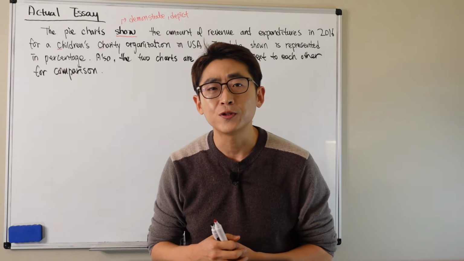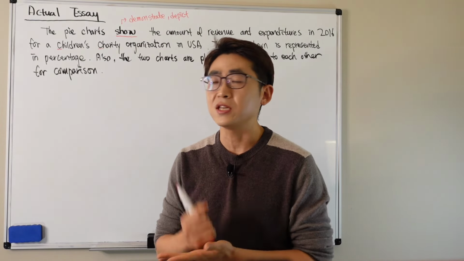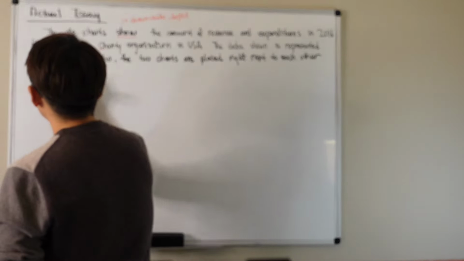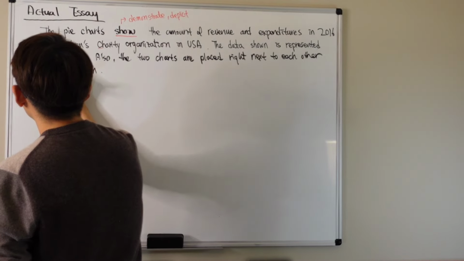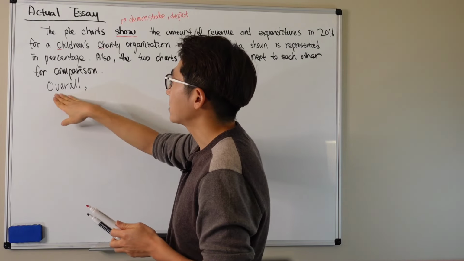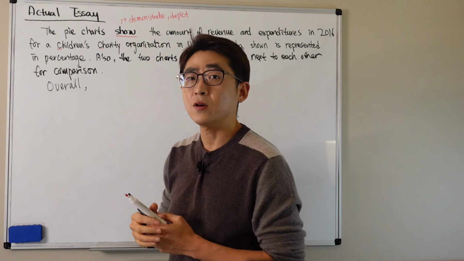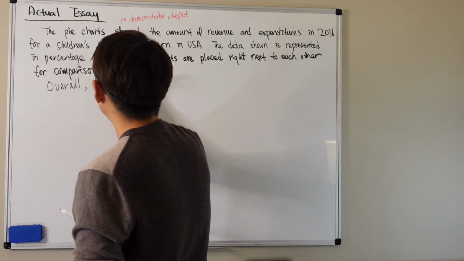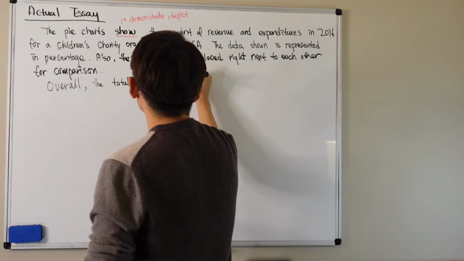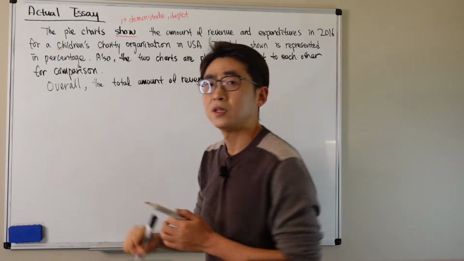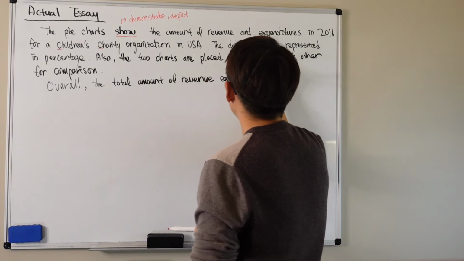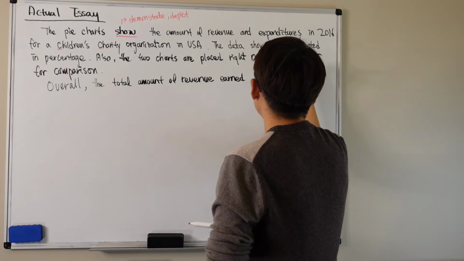And next, we're going to talk about the messages, so what these graphs are trying to say. We can write our transition words like overall, which kind of summarizes what the graphs are trying to say. Overall, the total amount of revenue earned was just enough.